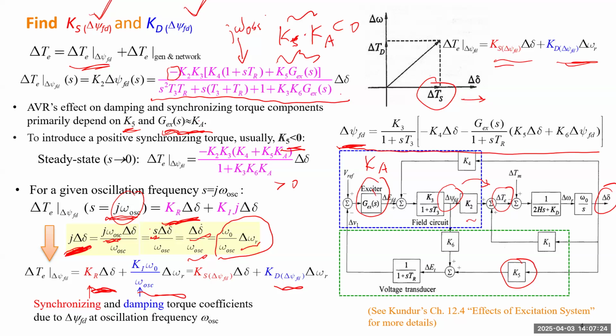But for a wind farm, you can have such a transfer function maybe from voltage, current to something else. Then you plug in the oscillation frequency j omega, and you study the damping and the synchronizing torque. Synchronizing torque tells you whether this wind farm can operate together with the rest of the system easily. And damping torque tells you, if this is oscillating, whether the oscillation will grow in amplitude or decline. So you can use exactly the same approach to do that study.